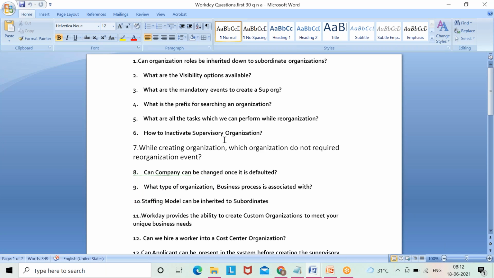What tasks or actions can we perform under reorganization? For example, when you select a supervisory organization and navigate to reorganization, there is a set of options available. For example, create subordinate. What are the other options?